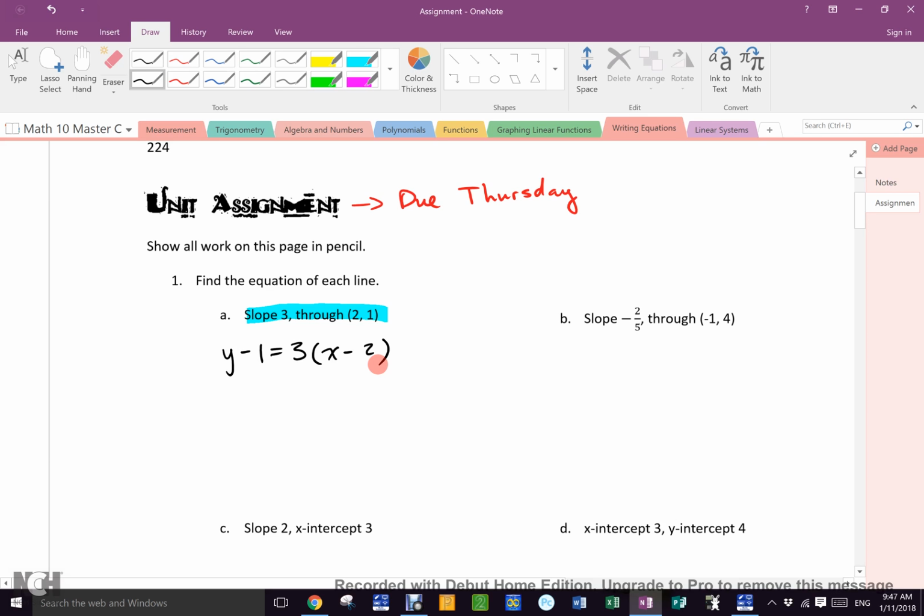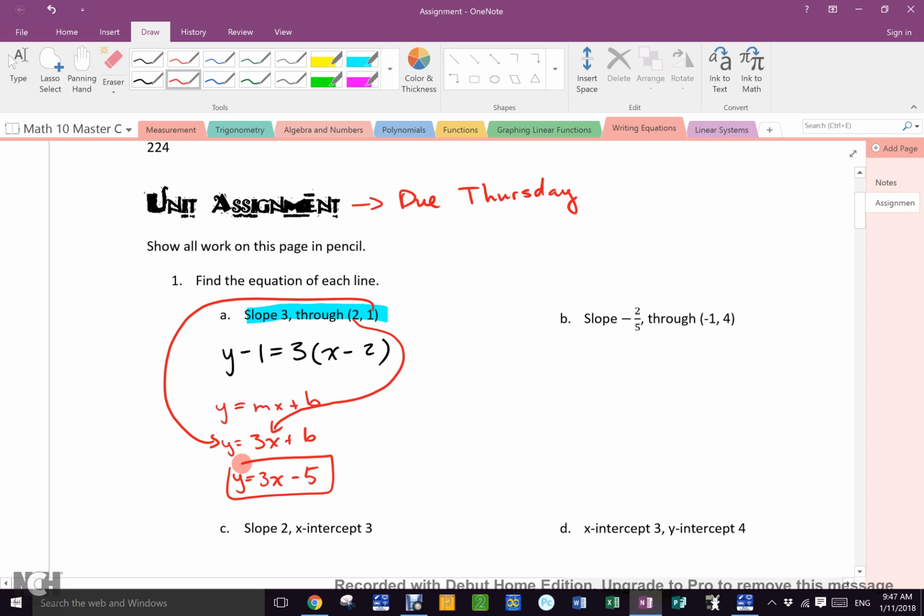If you went further, you tried to do slope-intercept form. If you tried to do slope-intercept form, maybe you wrote y equals mx plus b. You knew that the slope was 3, and you knew that x was 2, and y was 1, and then maybe you found b. And you found b to be negative 5. So maybe you have y equals 3x minus 5. Maybe.